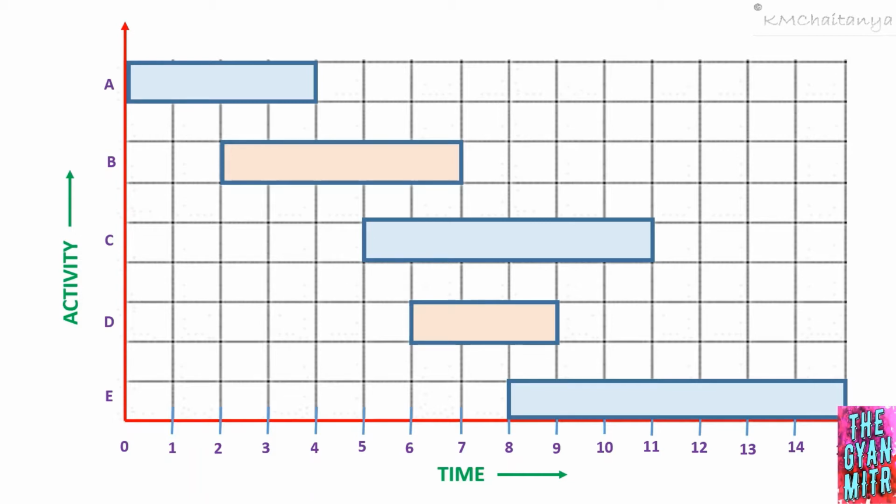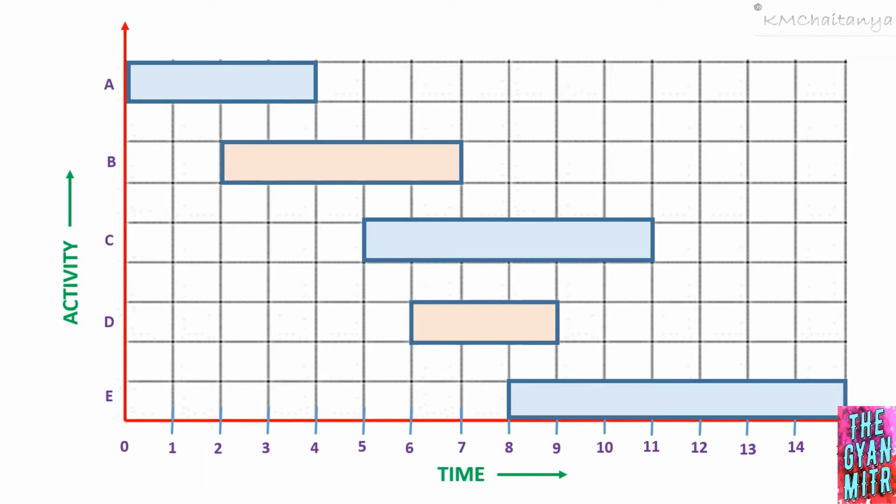Now you can see the horizontal bars or the rectangular boxes that represent each of these activities from A to E, and the length of these activities are the duration of that activity.